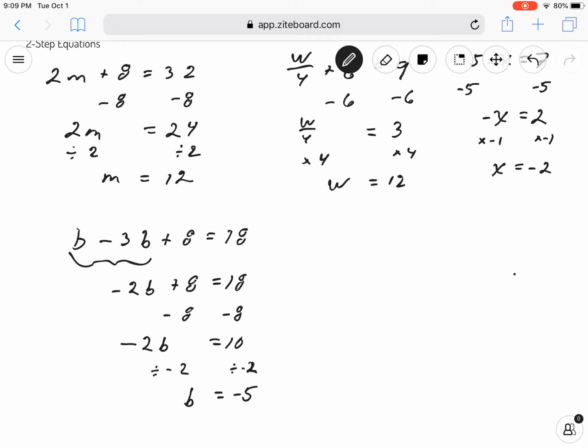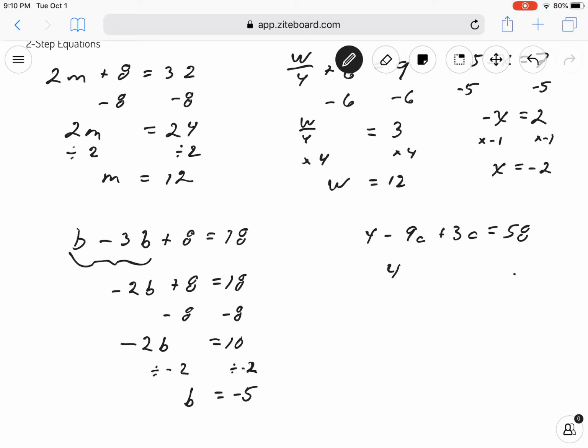Let's just look at one more kind of like that. We have, say, 4 minus 9c plus 3c equals 58. So I combine the like terms.